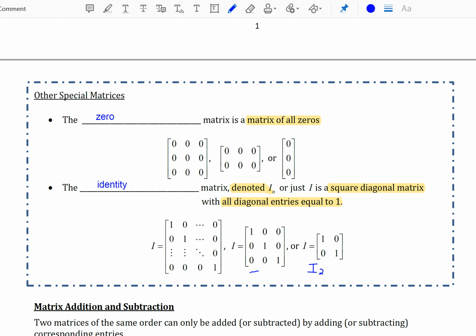Similarly, this one could be called I3 to recognize that it's a 3 by 3 identity matrix, but commonly we just refer to it as I without giving the lower index here. In general, for an n by n identity matrix, we must have just the ones down this main diagonal, but zeros everywhere else.